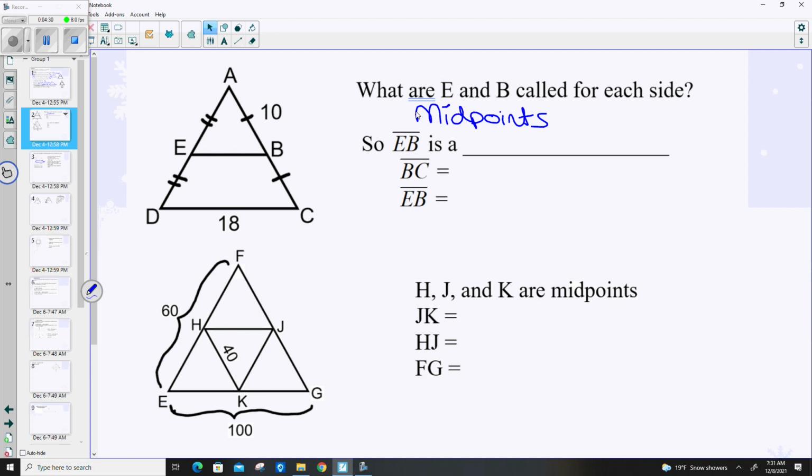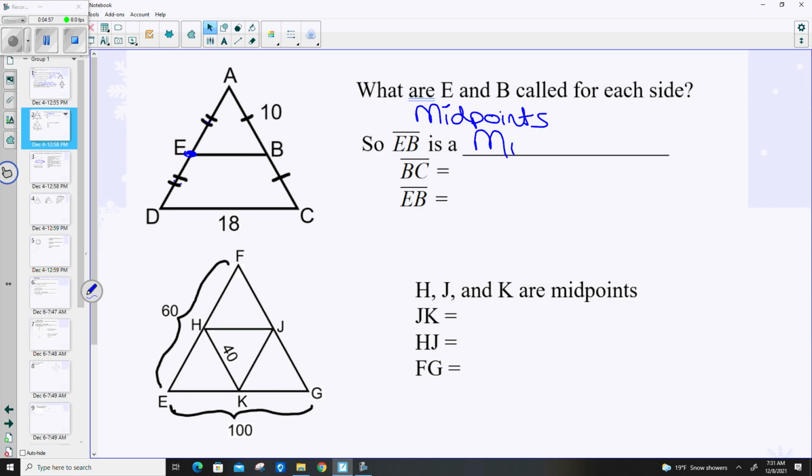How do we know those are midpoints? Perfect. Because both of the parts of that segment on top and on bottom of point E are congruent. AE is congruent to EB, E is a midpoint. AB is congruent to BC, B is a midpoint. Which makes segment EB a mid-segment.